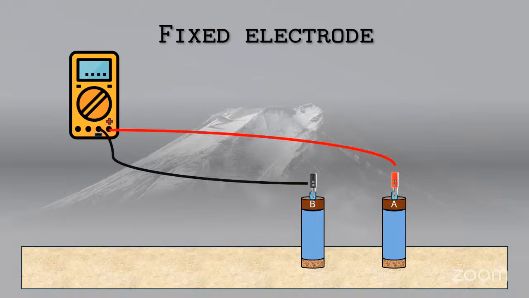Something important to mention is that an anomaly could be noticed whether you use the fixed electrode technique or the leapfrog technique.